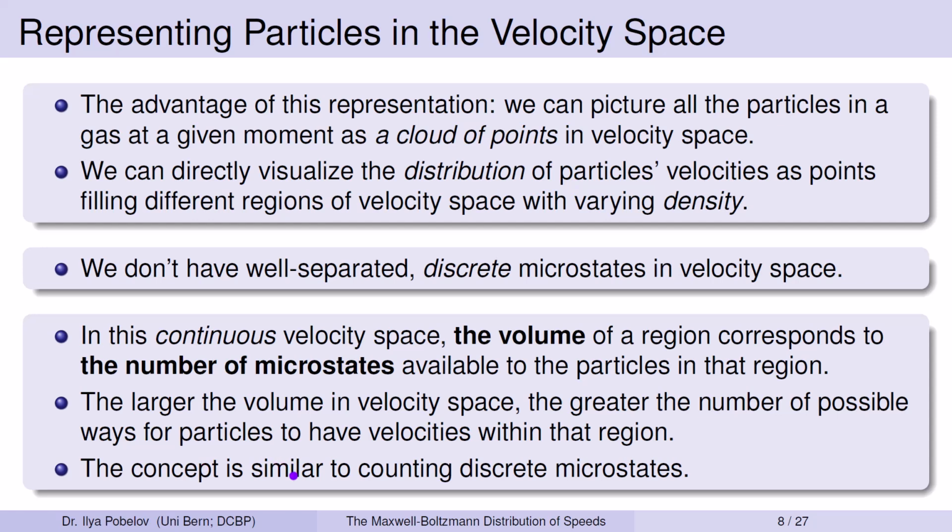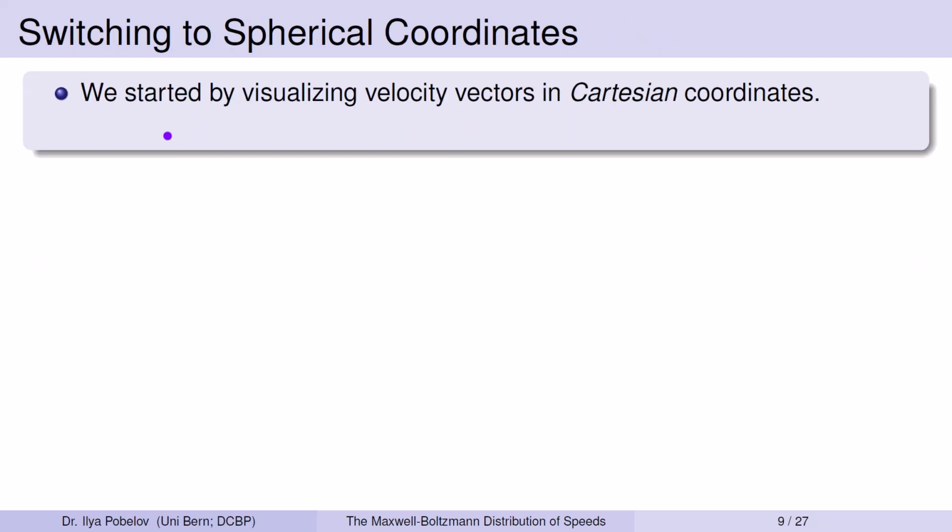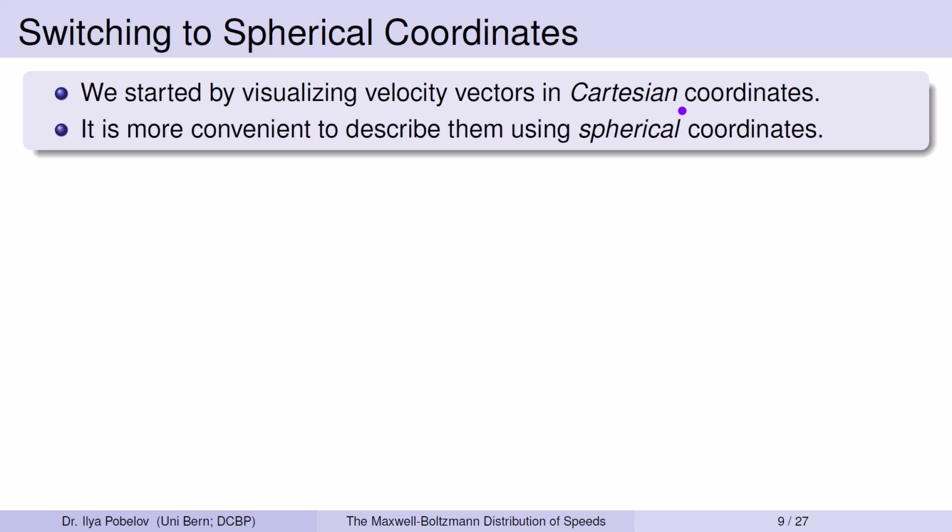Even though this description is continuous, the concept is similar to counting discrete microstates. We are effectively counting how many microscopic possibilities exist for the particle velocities. Although we started by visualizing velocity vectors in Cartesian coordinates, it is often simpler and more convenient for our purposes to describe them using spherical coordinates.